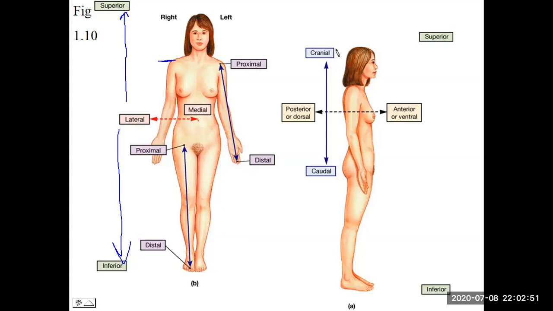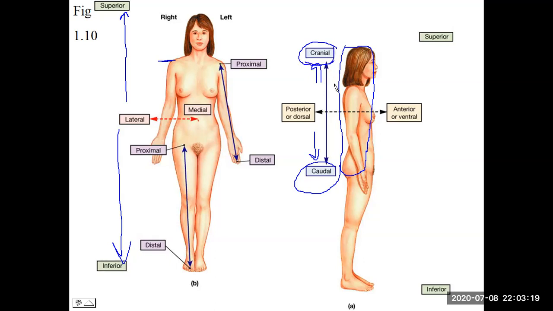We have now the terms cranial and caudal. These terms now can be used between the head, neck, and all the way down, of course, to the pelvic cavity. So it's essentially from head to tail, whereas superior and inferior could span the entire body, including the appendages.